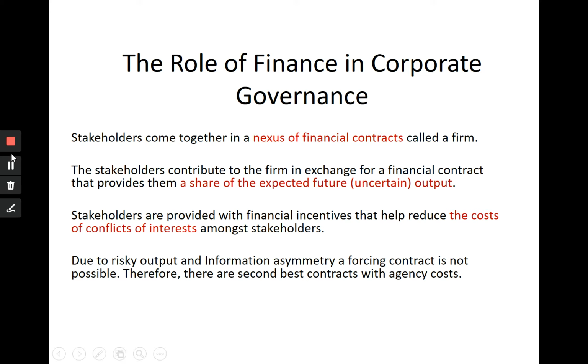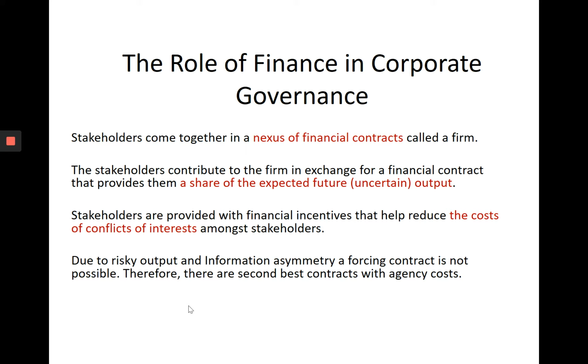And of course, there is asymmetric information. So one party cannot see all the information that the other party knows. Without asymmetric information, agency problems are automatically resolved by a forcing contract, and we observe the manager, and if he or she doesn't do the right thing, then the payoff would not be there.